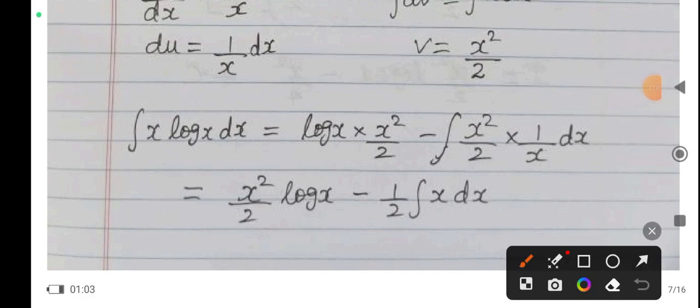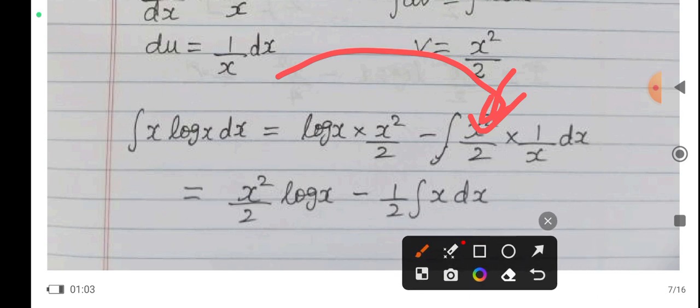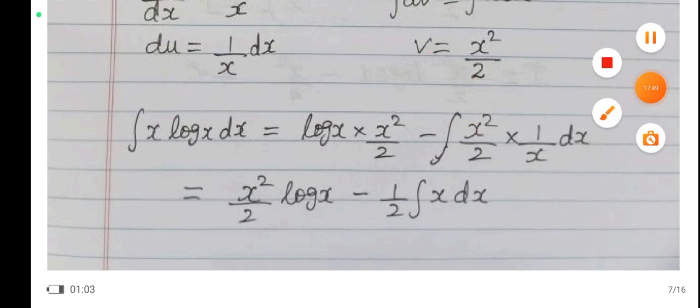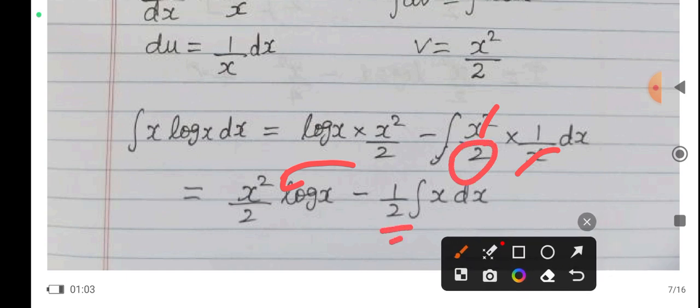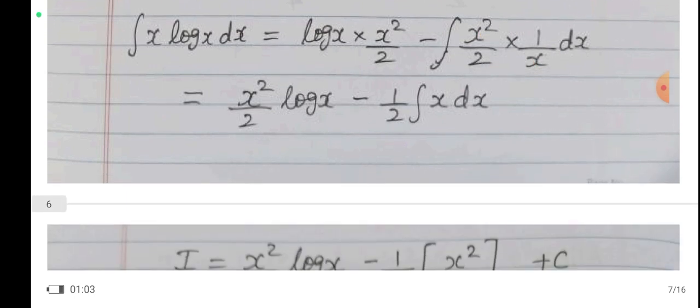Then apply, children, integral x log x dx equals uv, log x into x square by 2, minus integral v du, x square by 2 into 1 by x dx. So x square by 2 into log x we are writing. x and x square cancel, integral, the 1 by 2 keep outside, 1 by 2 integral x dx.